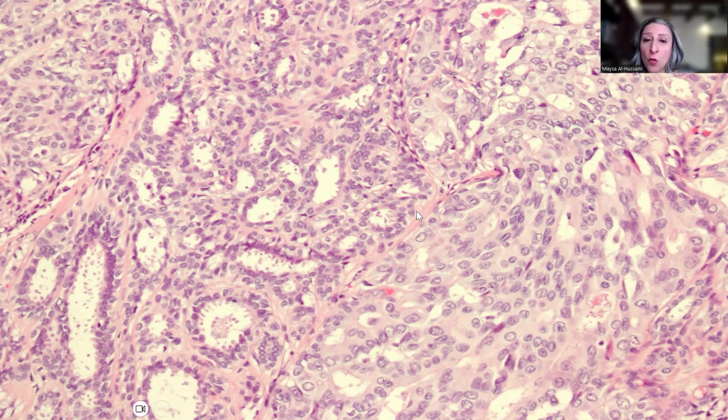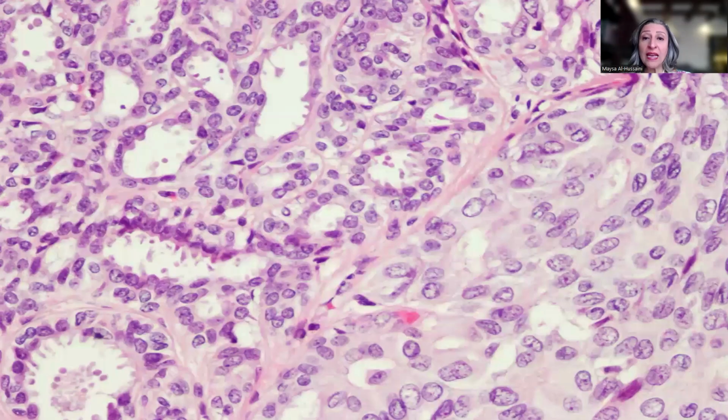The myoepithelial component will be present only at the very edges of the proliferating glands. And then again, zooming in, you can easily appreciate the difference in nuclear size and the arrangement of the tumor cells here, for example, between the DCIS and the florid epithelial component.